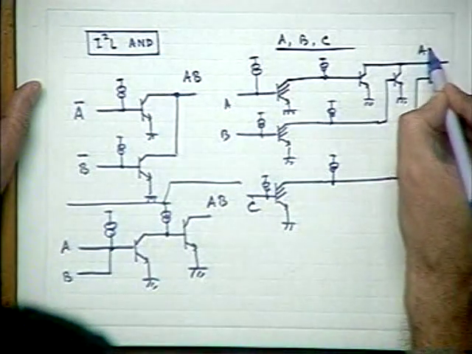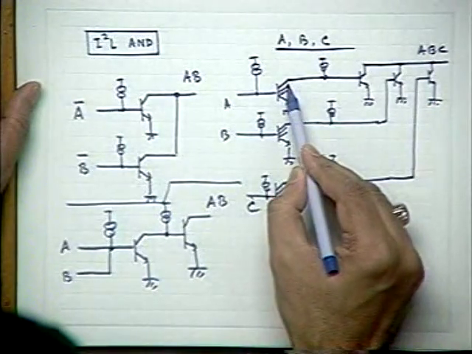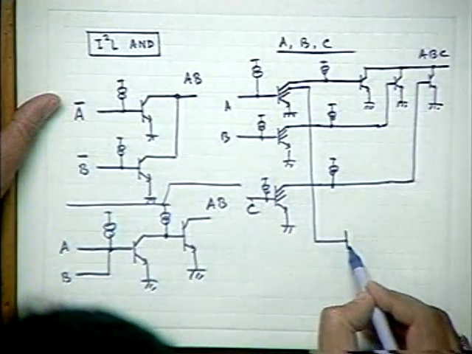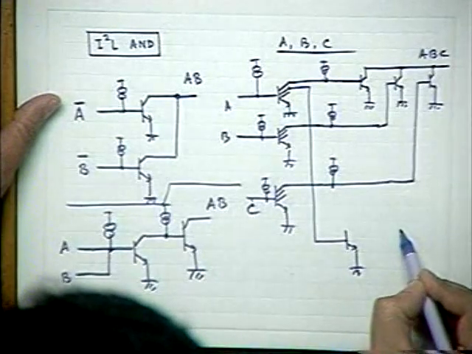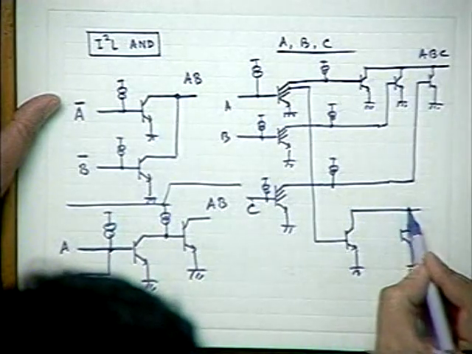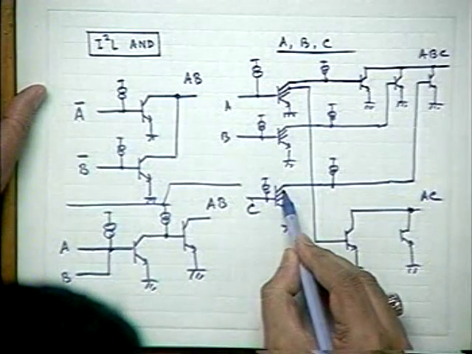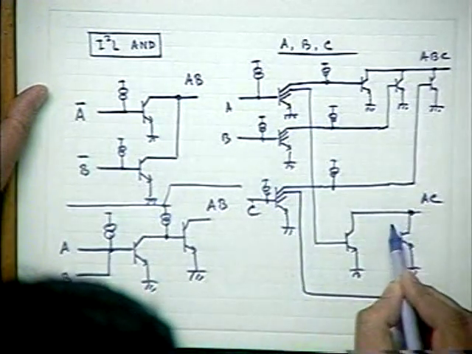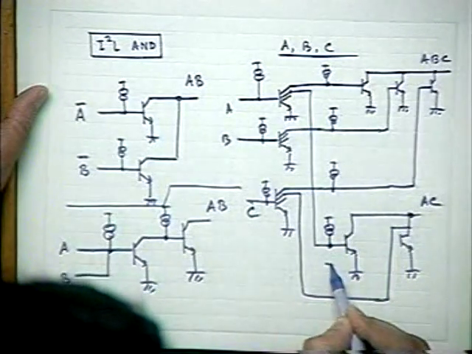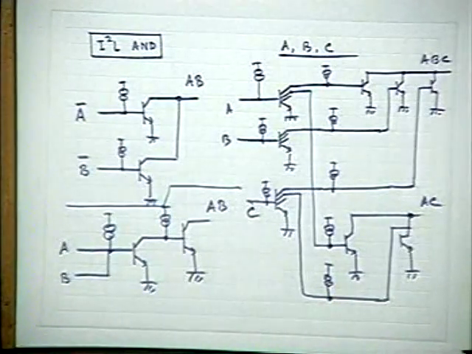there is a thing that must not be forgotten. And here you produce A, B, C, and that way you can produce B, C, or A, B, whatever you like. Suppose I produce A and C. So what I do, I take another 2 transistors, and you produce this one using this approach.